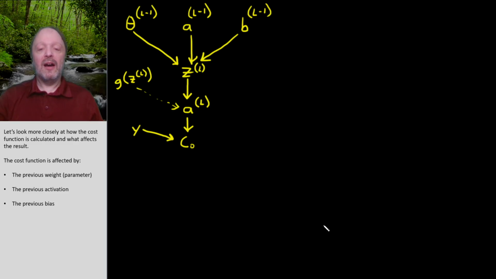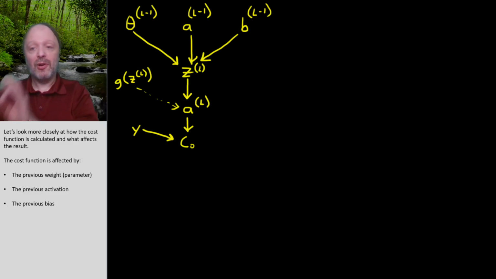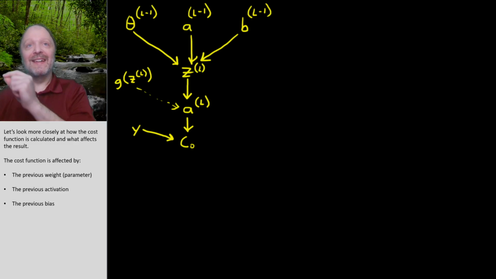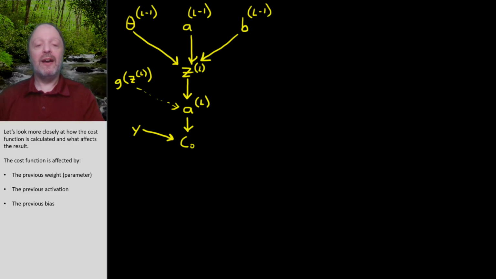When we're talking about using gradient descent and updating the parameter values, we need the partial derivative of how each of the pieces, the weight, the activation, and the bias, affects the cost.